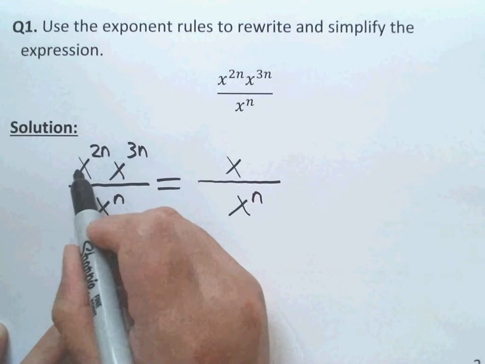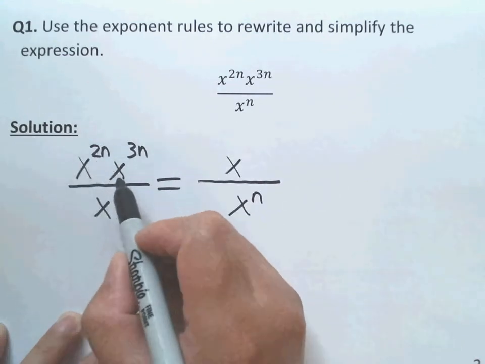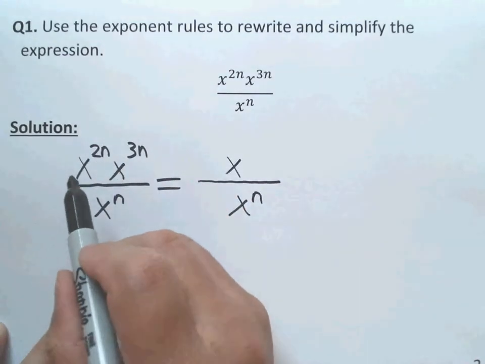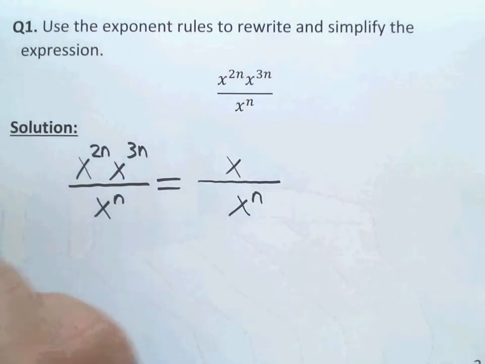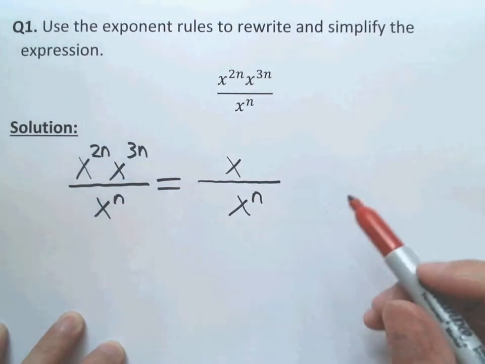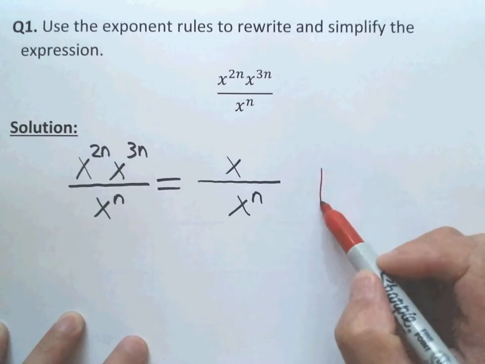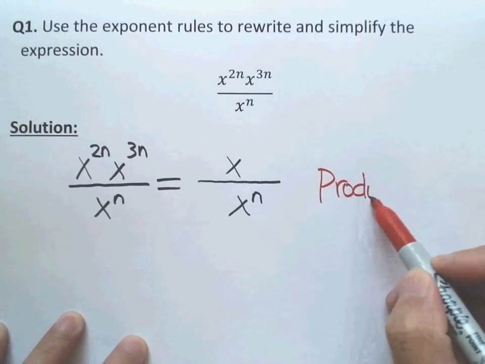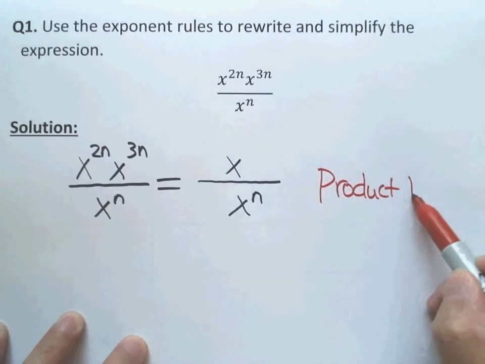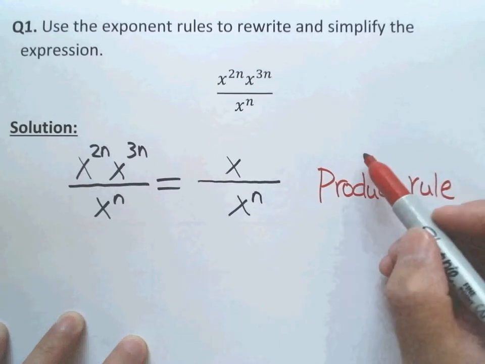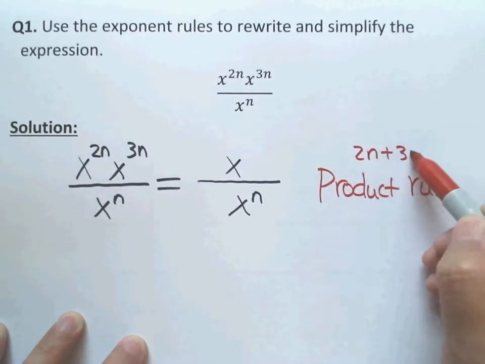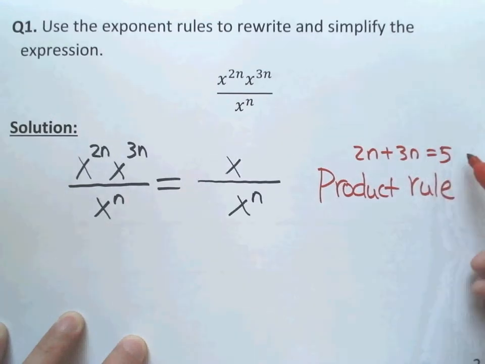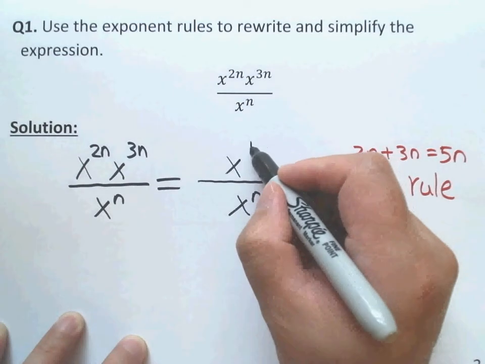An exponent times another exponent with the same base means adding them together. So we use the product rule: we add the 2n and the 3n, the two powers, and we get 5n. The new power is 5n.